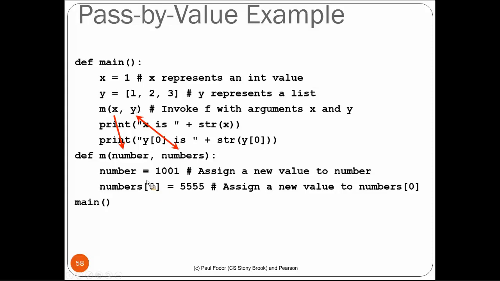So y of 0, when it's modified in numbers of 0, it will modify y of 0 to 5555, while number is just a clone, a copy of the original x. So number will be still the original 1 instead of 1001. So let's do this experiment. This is very important. Although some of you already know it from Java, I don't want to make any assumptions at this point.